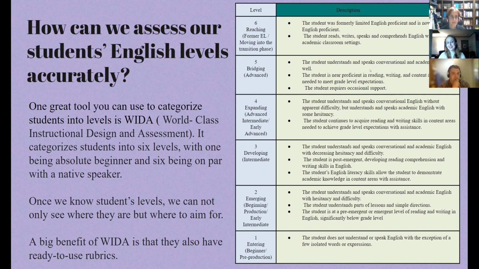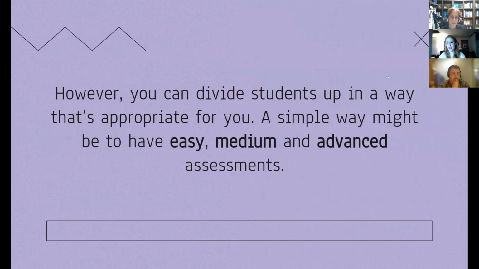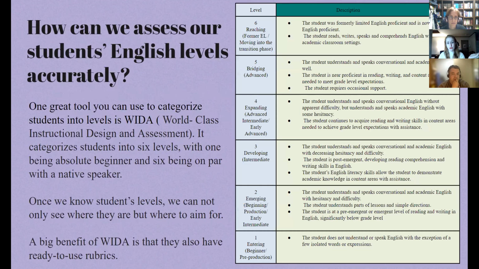Anyway, this is the way I generally classify my students, but a much easier way to do it is to have easy, medium, and advanced assessments, which could be low level, intermediate, and high level students. Within these 3 categories, when I say medium level, that doesn't necessarily always mean levels 3 and 4 here, or B1 and B2.